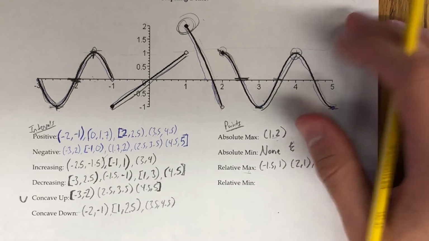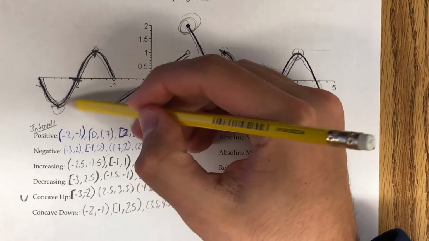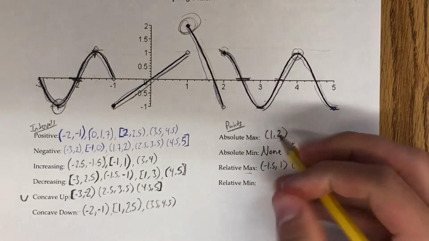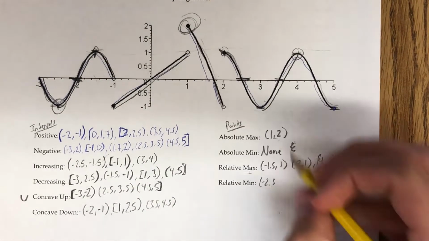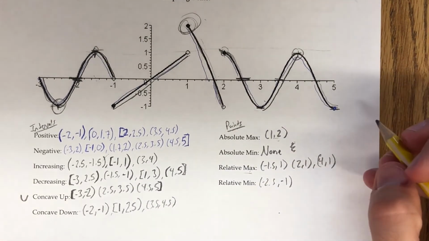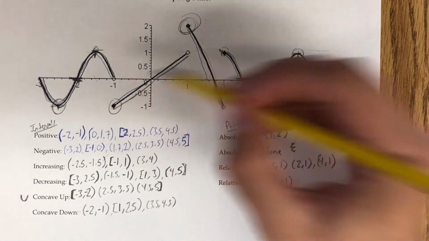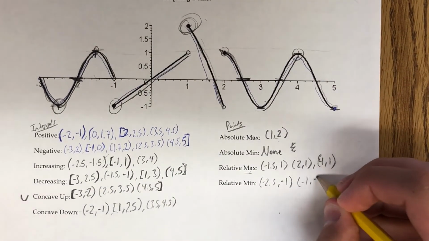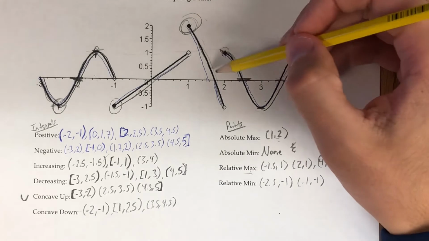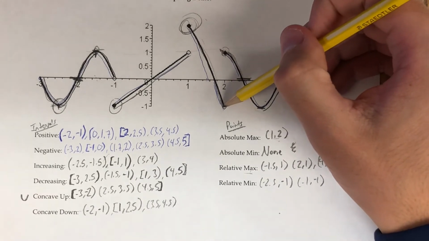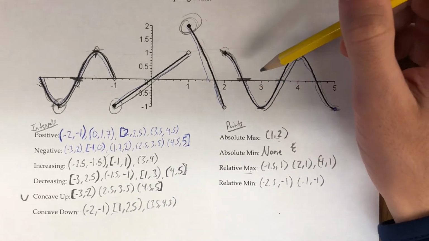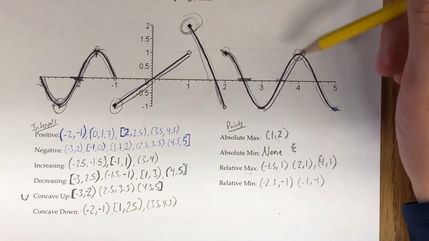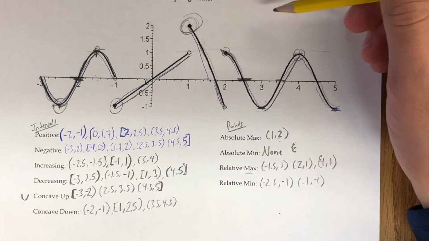For relative minima, we look for low points. So right here we have one at -2.5, -1. We have one here at -1, -1. This point here is not a relative min because it's not technically a point. It's an open circle.